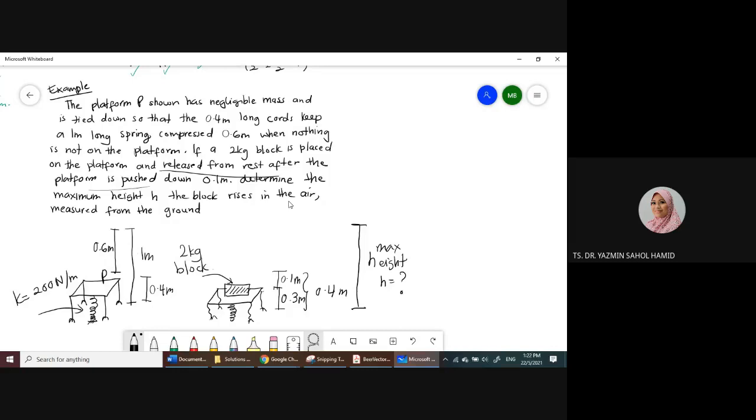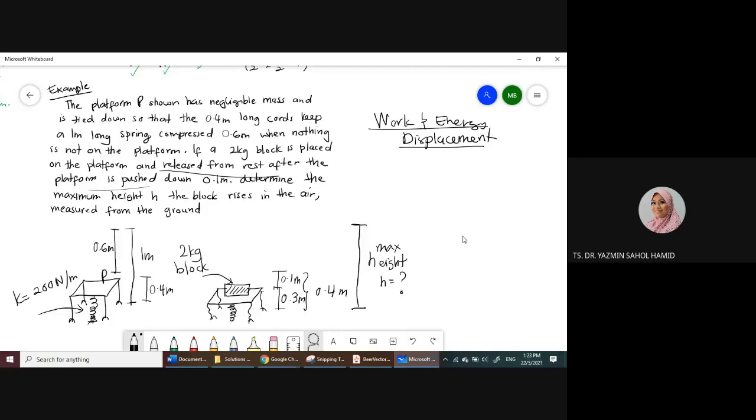For this question, I want you to use the work and energy method to solve this problem. Why can we use work energy? Because it involves displacement.